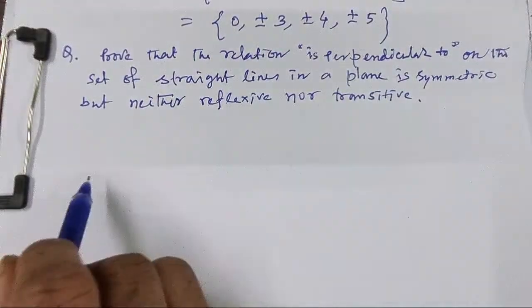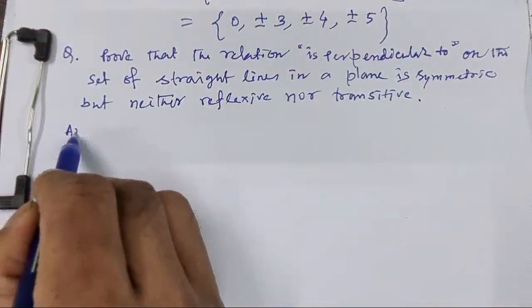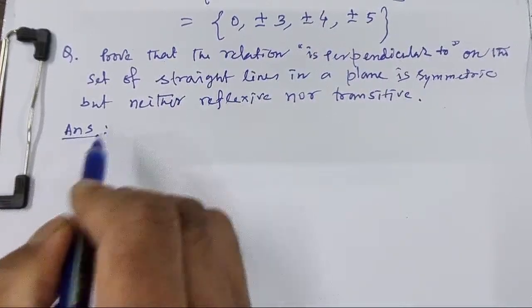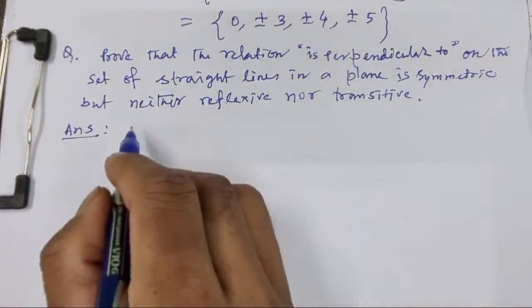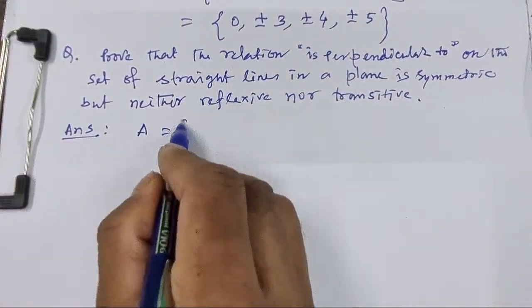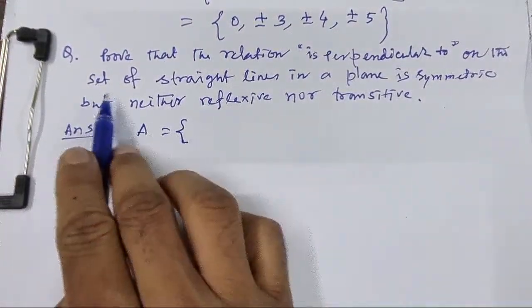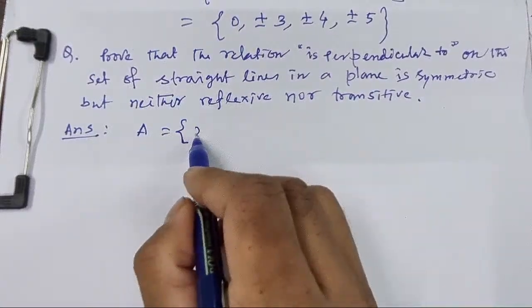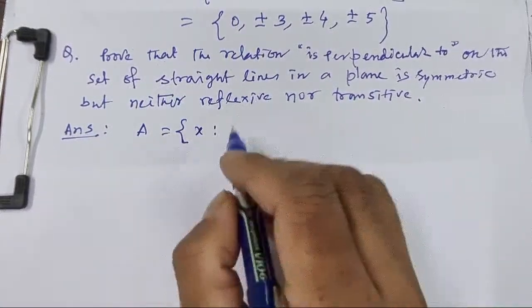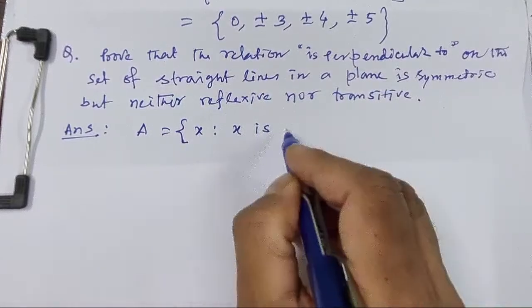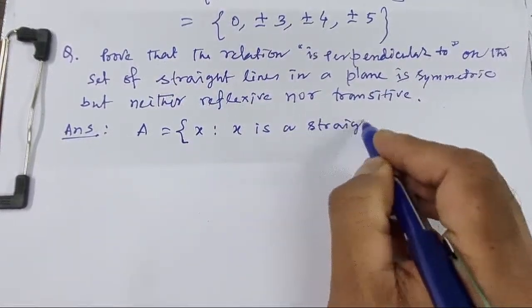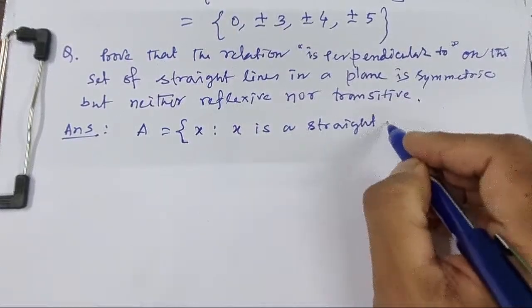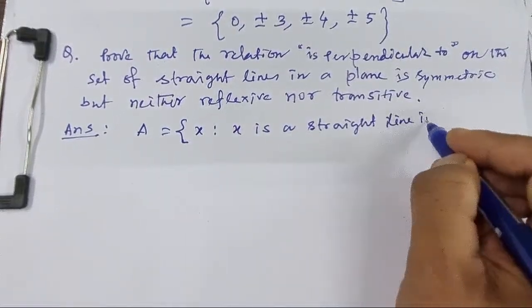So I want to prove this. Now, as I taught you earlier also, whenever you try to solve these types of questions, two things you find. First is the set. Let us take set A. What is set A here? Set A, you can write x such that x is a straight line in a plane.